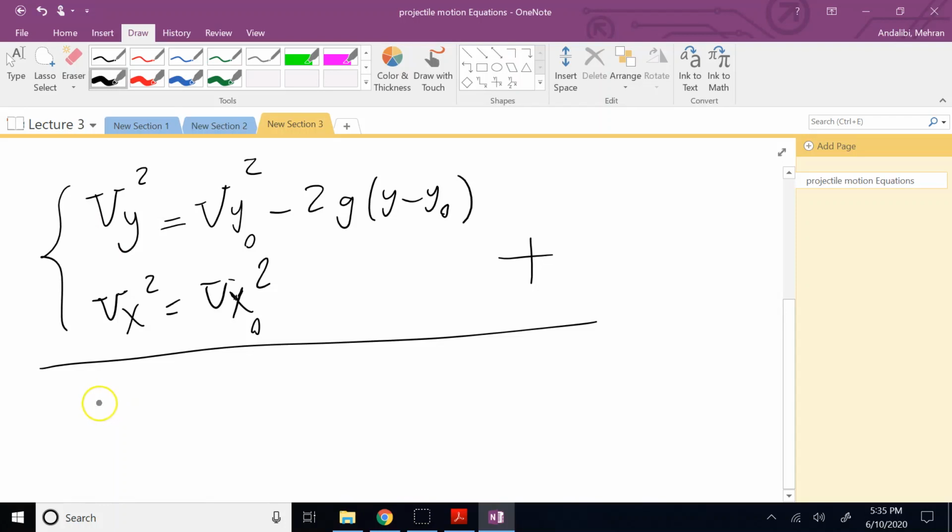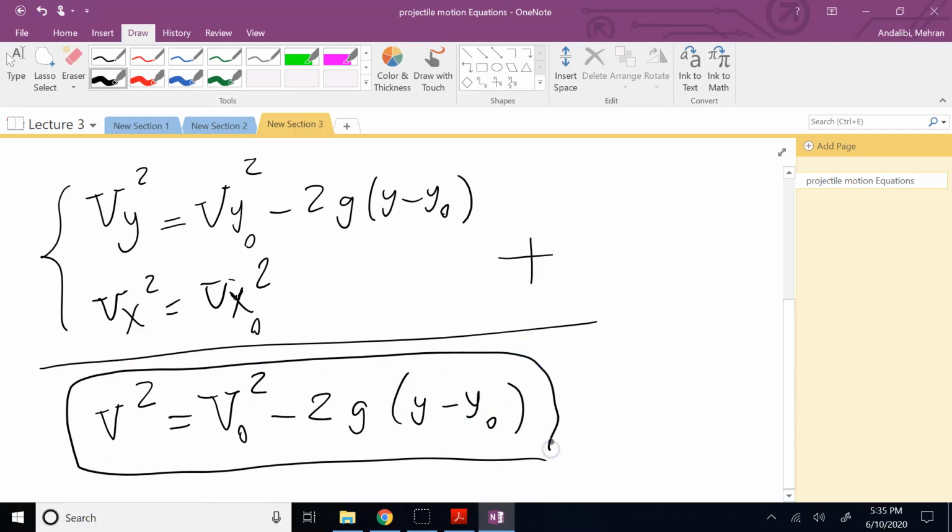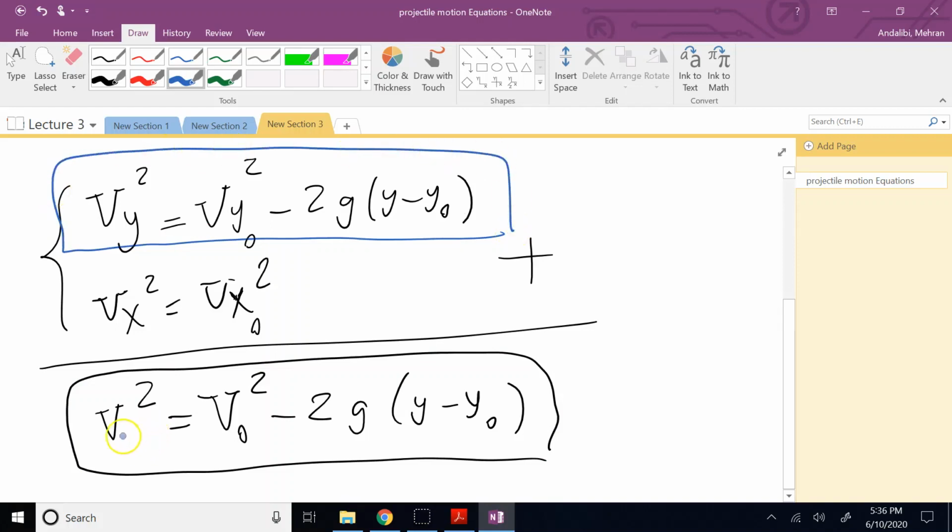Yes, this left-hand side is going to be magnitude of v squared. This is going to be magnitude of v at the beginning squared, and then that one will stay. So you can get this equation, which is very similar to this one, except these two quantities, v and v naught, they don't have subscript y. They are general initial v and total v at any point.